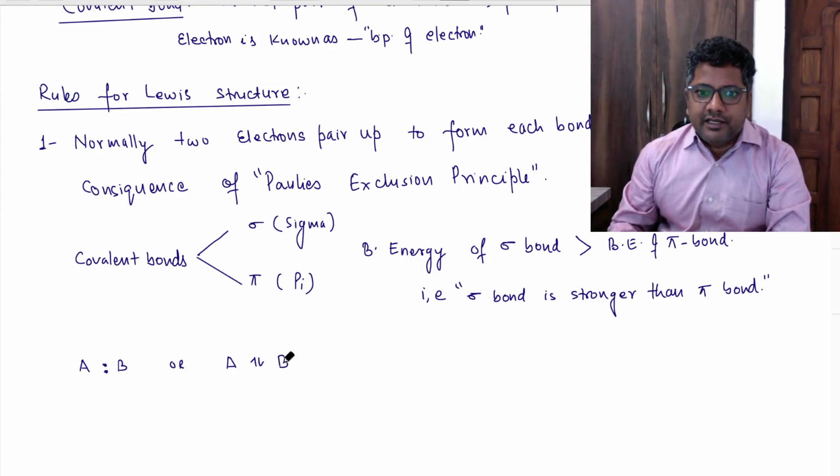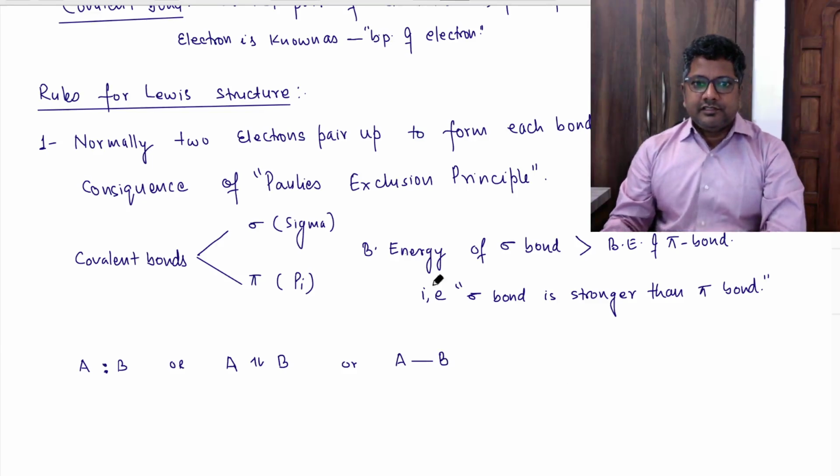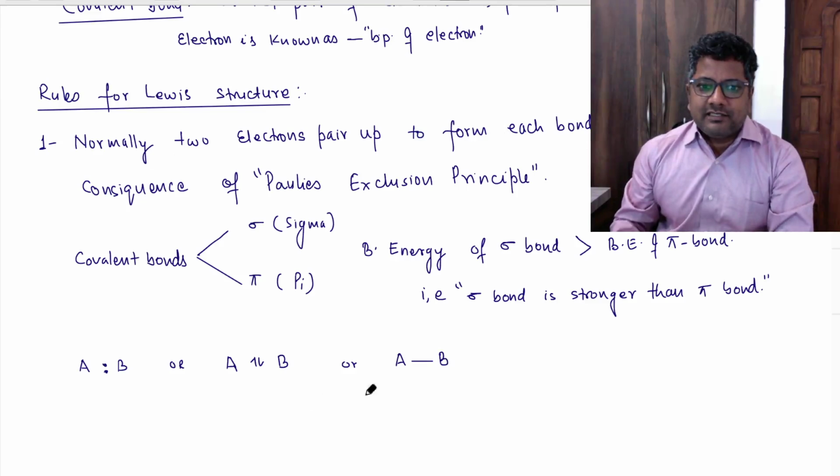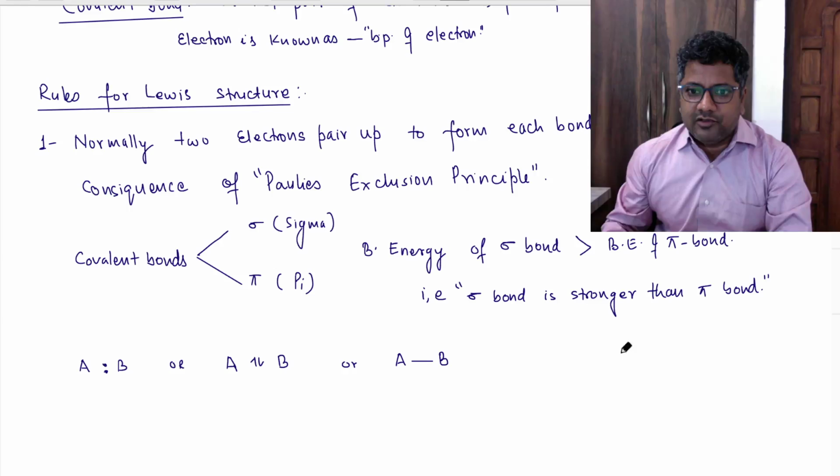These are the nucleus of atom A and B, and this pair up to form a bond. Or you can represent this like this: A single bond B. See, whatsoever I have written here, I have shown in this representation. So this is the model of AB molecule.